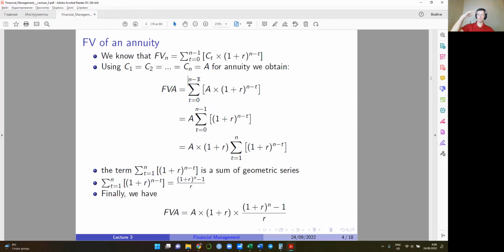So with the limits of summation, where we start, where we finish. And look, we derived this formula for an annuity that starts at t0 and finishes at tn minus 1.